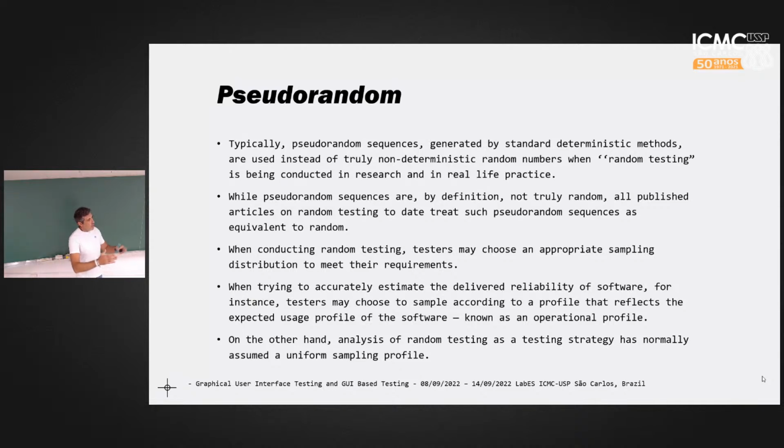Okay, so if I have a set, the uniform sampling profile means that all the values of the starting set have the same probability to be selected. Okay.